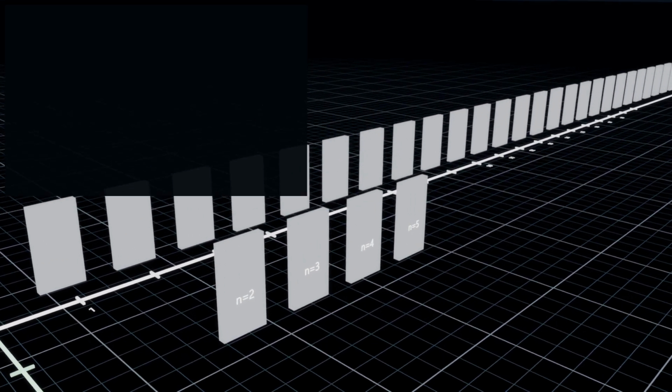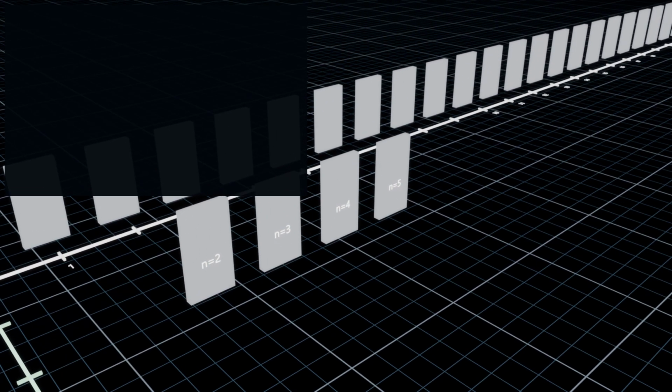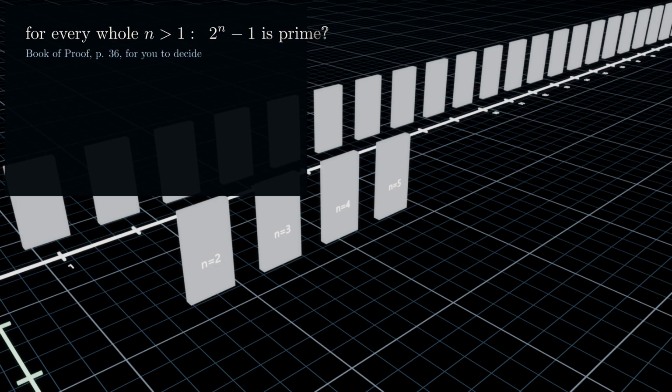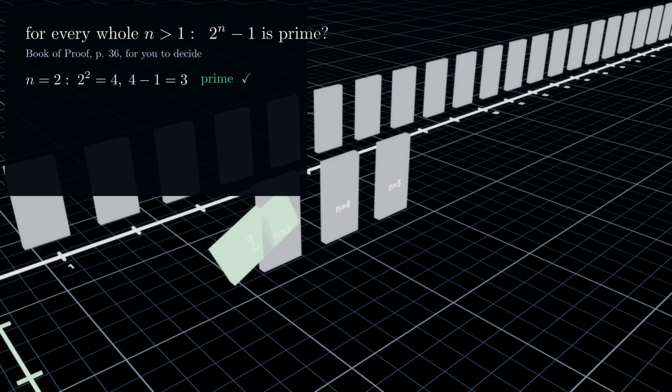Here is a claim your book of proof offers you on page 36 and asks you to decide. For every whole number n bigger than 1, 2 to the power n minus 1 is a prime number. Test it. n equals 2. 2 squared is 4, minus 1 is 3. 3 is prime. n equals 3. 2 cubed is 8, minus 1 is 7. 7 is prime.